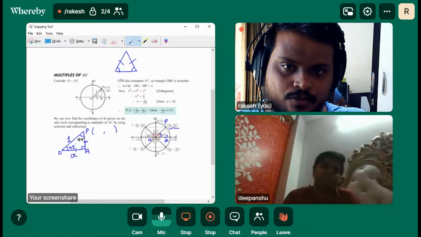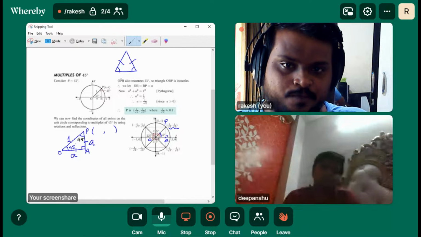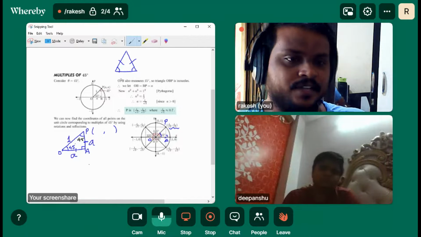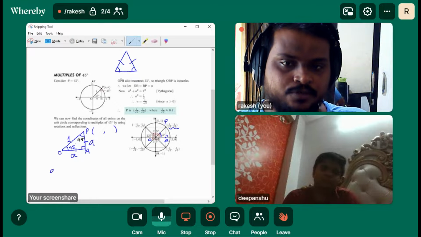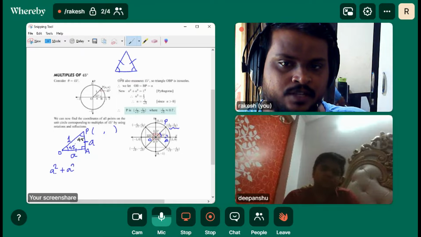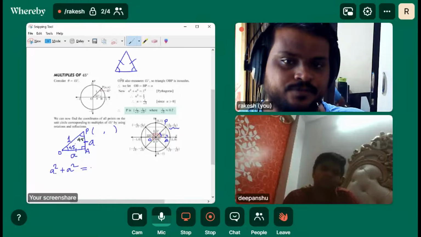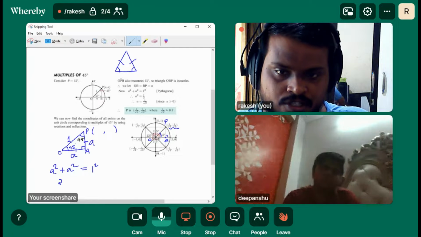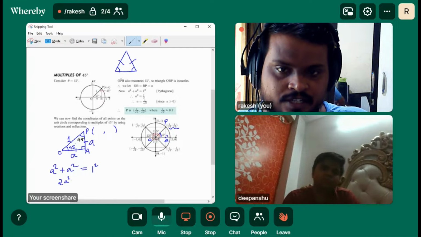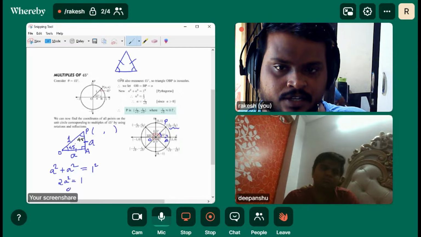So if we consider OA as A, PA is also A. Now we can apply Pythagoras theorem to figure out the value of A. So A square plus A square is equal to how much? 1 square. Yes, so 2A square is equal to 1 and A square is equal to 1 by 2.